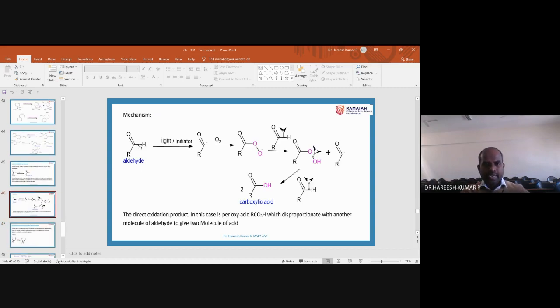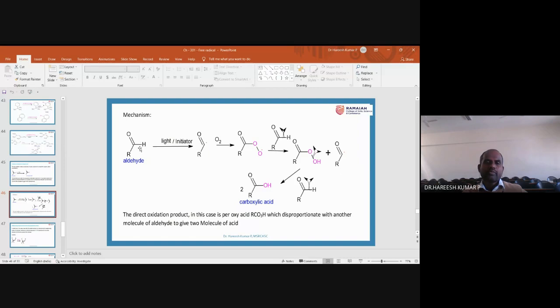So it is an aldehyde. When the aldehyde is irradiated with light in presence of an initiator, the initiator may be AIBN or benzoyl peroxide or acetyl peroxide. So what will happen?